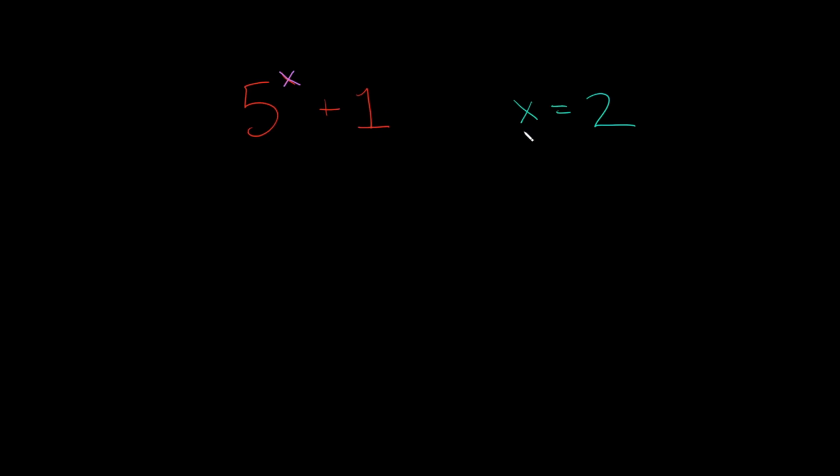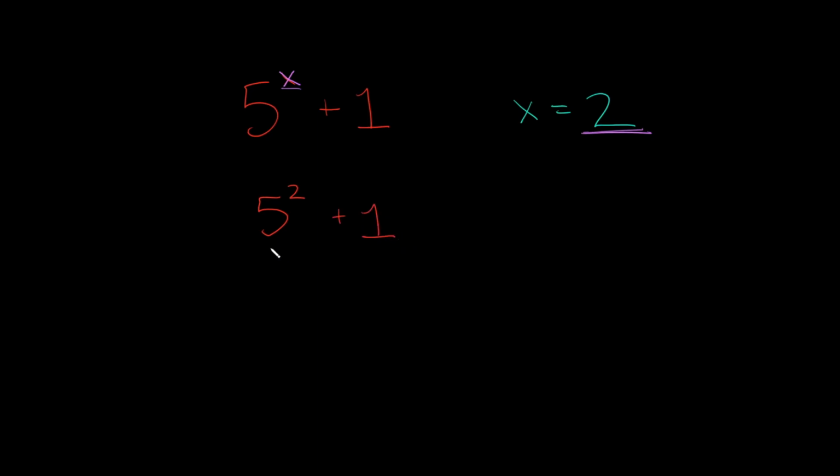Okay, so let's do that. We're being told that x is equal to 2, right? So I'm going to plug in a 2 for this x right here. So instead of having 5 to the x, I'm going to have 5 to the 2, or 5 squared, or 5 to the second power, however you want to say it. And then again, we're just going to add 1.